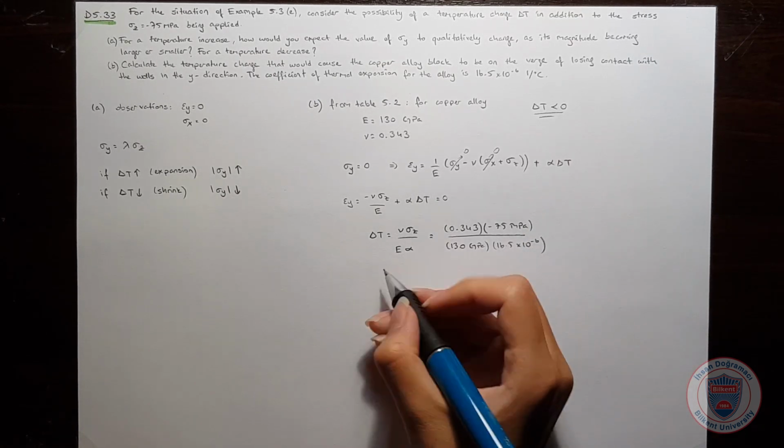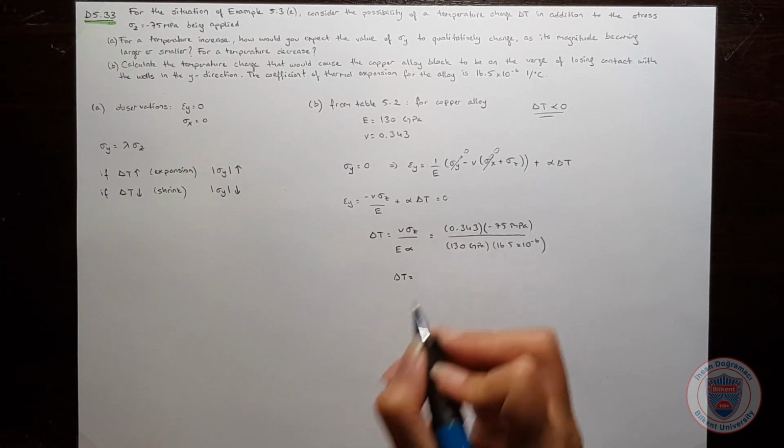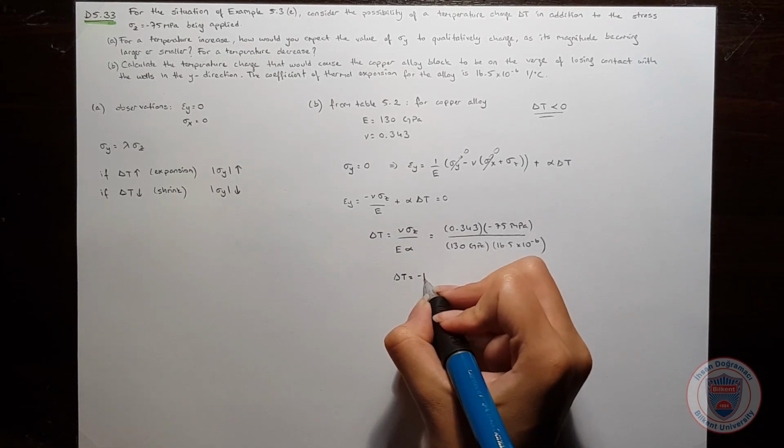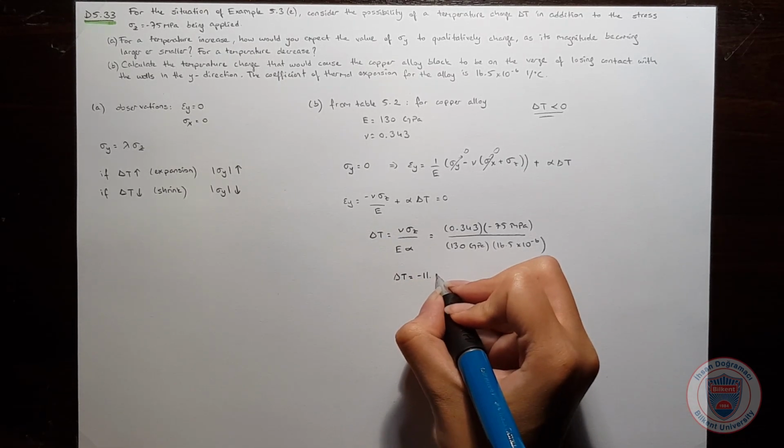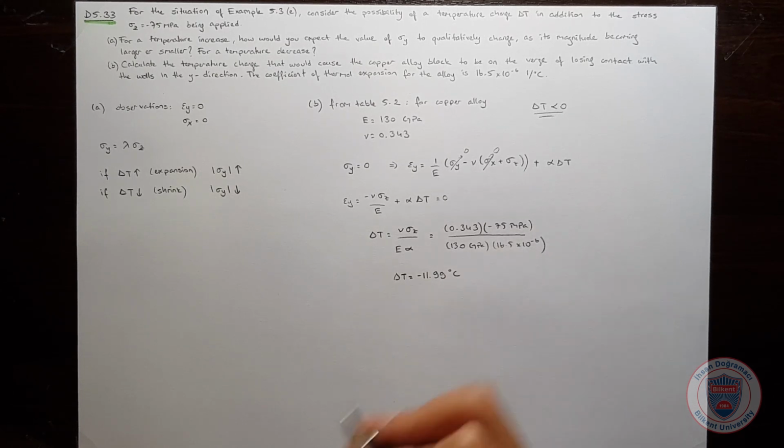Now, when we calculate, we can see that delta T is minus 11.99 degrees.